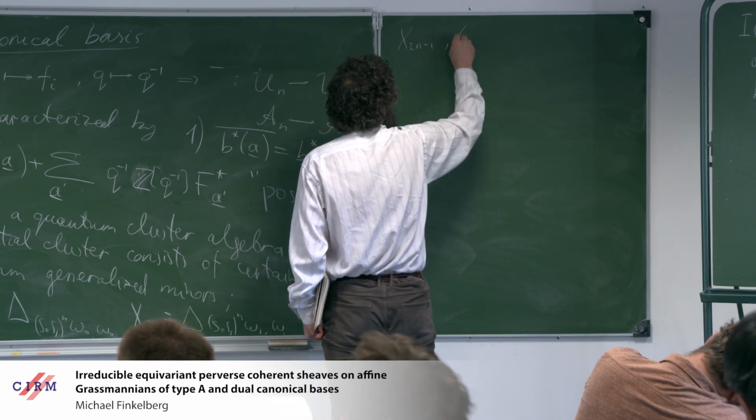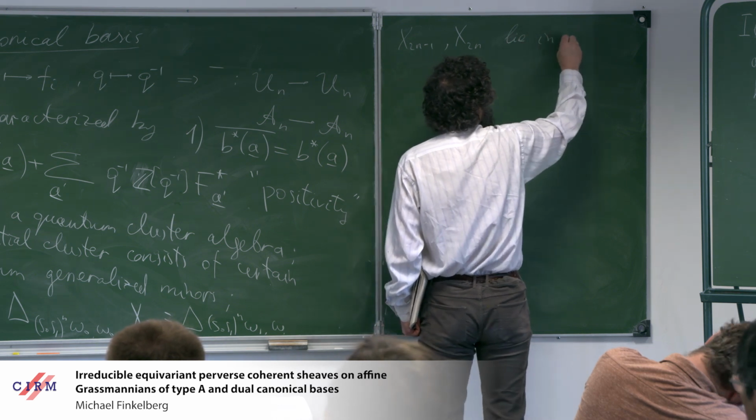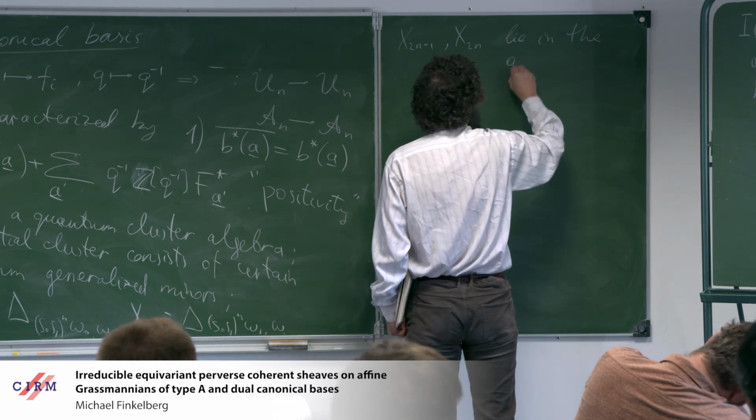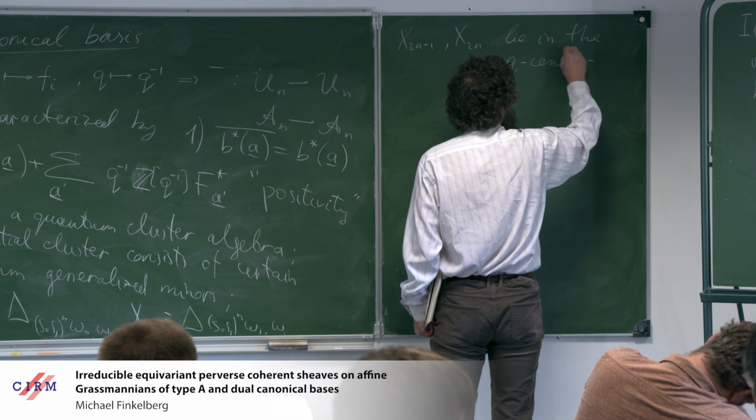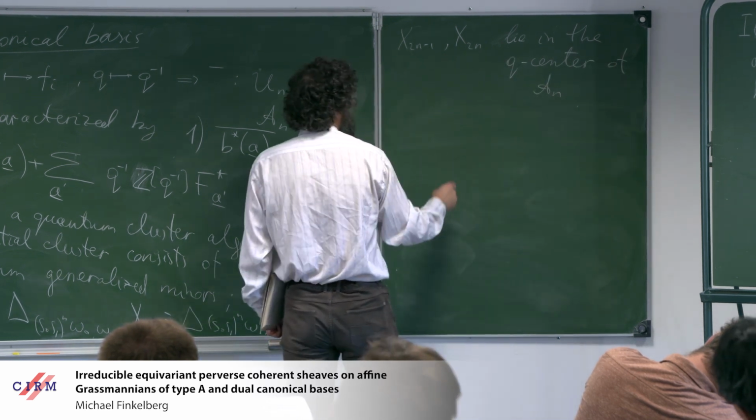So x2n minus 1 and x2n lie in the Q center of AN.